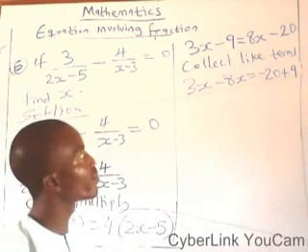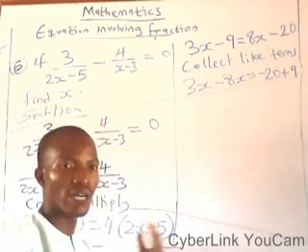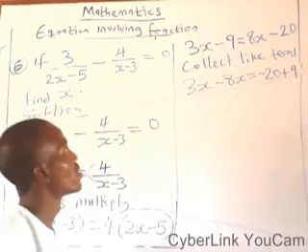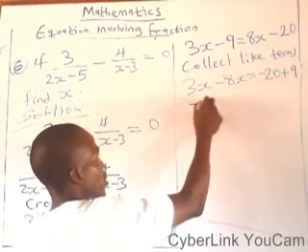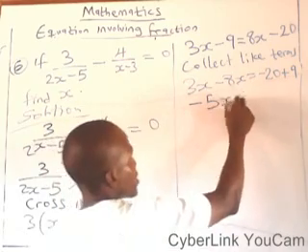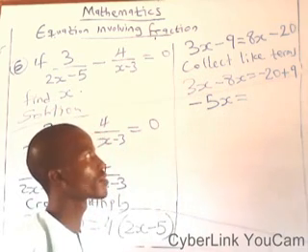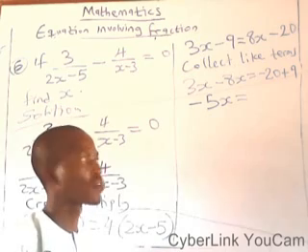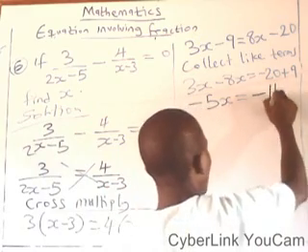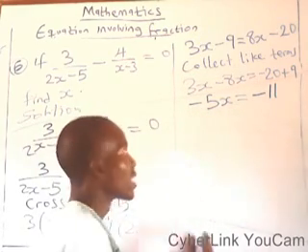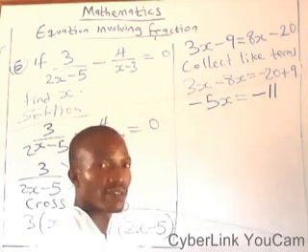Collection of like terms simply means that let the ones with x be on one side, and the ones without x be on the other side. 3x minus 8x, that is minus 5x, is equal to minus 20 plus 9. Minus 20 plus 9 will give us minus 11. So we now have minus 5x is equal to minus 11.